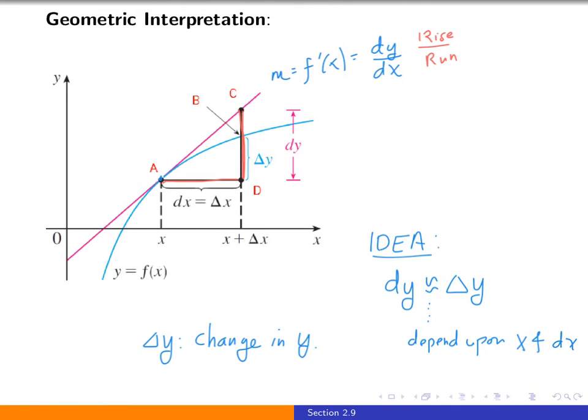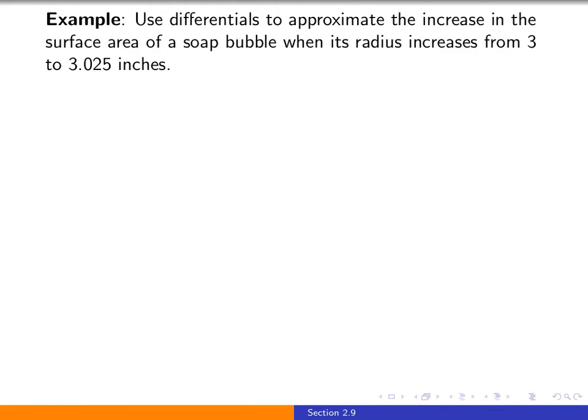So I realize that this is a rather abstract idea. Let's see if we can see how it works through a few examples. So use differentials to approximate the increase in the surface area of a soap bubble when its radius increases from 3 to 3.025 inches.